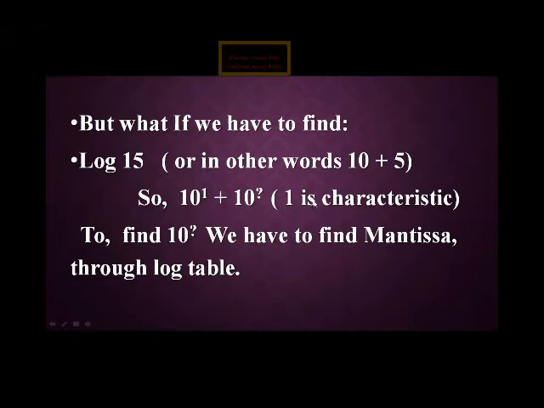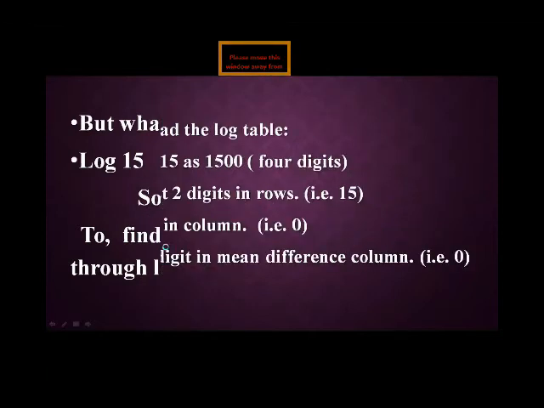You may use any of the rules in which you are comfortable. Now for finding this 10 exponent question mark, we have to find the mantissa through the log table. For now we will use the log table to find the mantissa, because we have found the characteristic, and the characteristic of log 15 is 1.